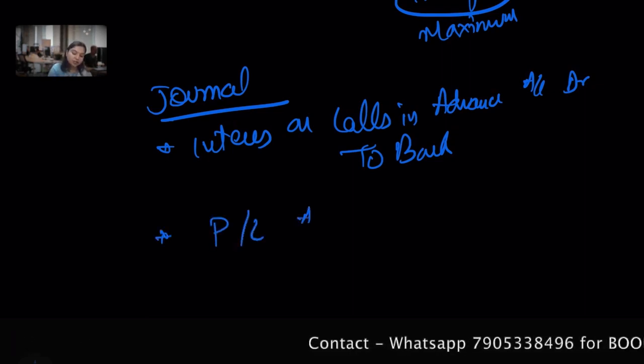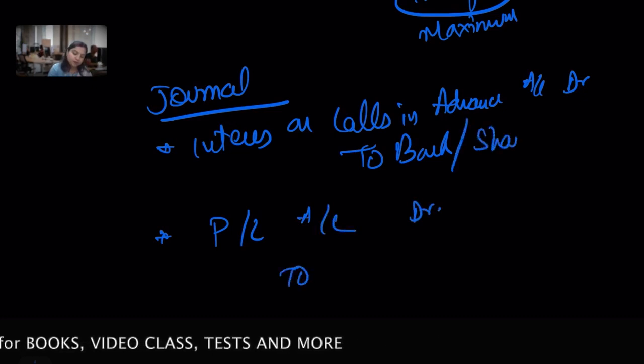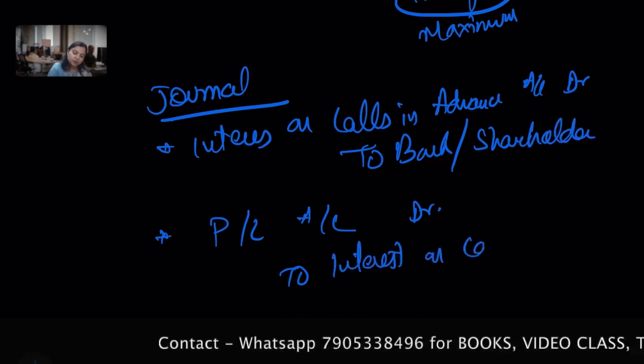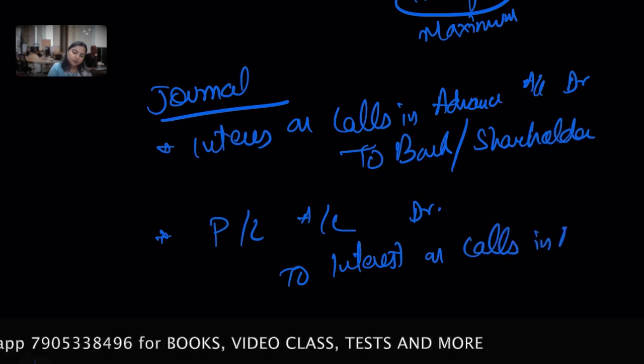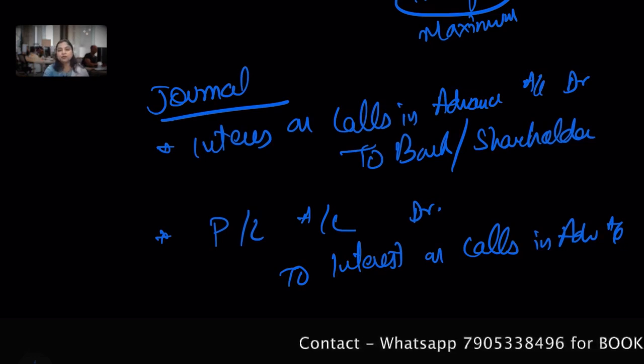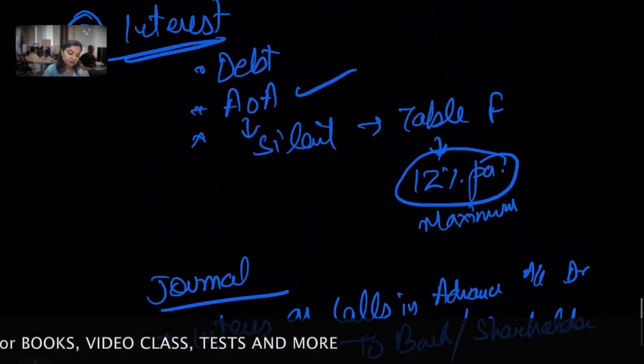Then we need to transfer it to the P&L account: P&L account debit to interest on calls in advance account. I hope you are satisfied with this journal entry. Give me a moment to conclude in the other language, then we'll wind up.